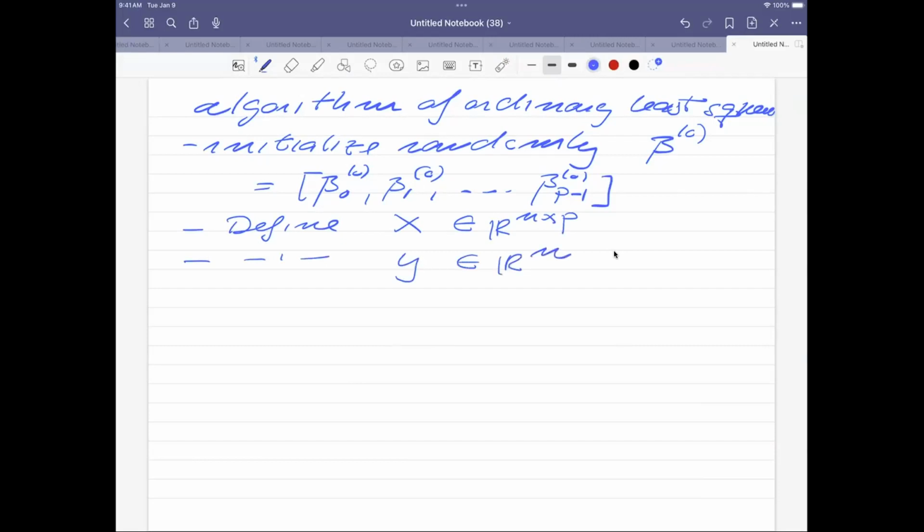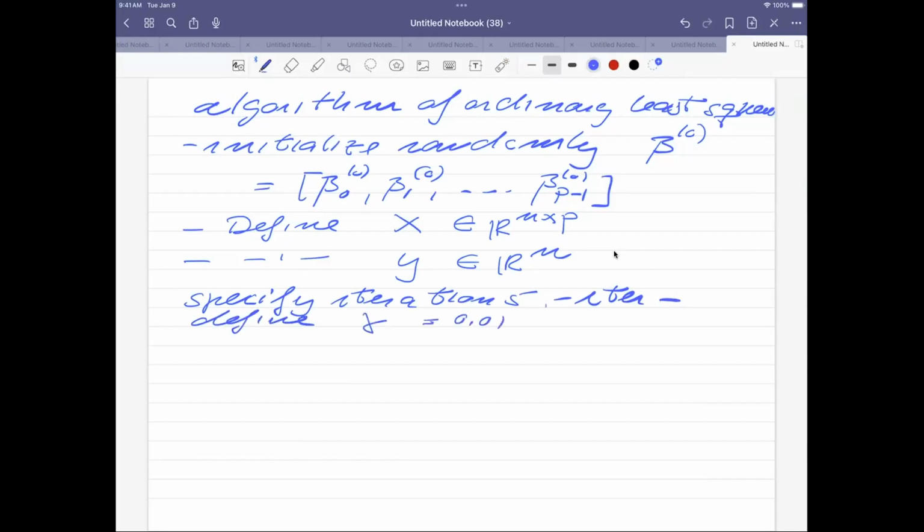And then you need to specify the number of iterations, which we are going to call a variable iter. You also need to define a value for the learning rate, the parameter gamma. And you could set that one to 0.01, for instance.